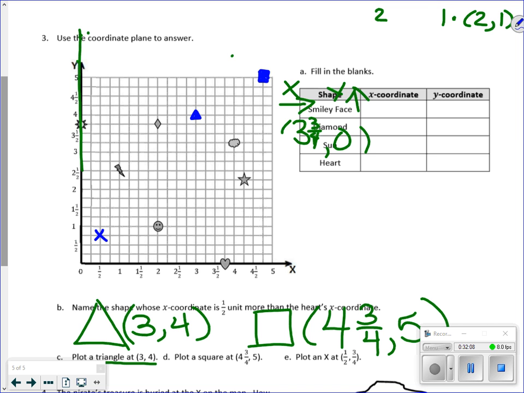You're really going to have to pay attention to where you're putting things, because it happens way too frequently. If it says 1, 2 and you go 2, 1, is that right? No. So you really have to pay attention to what you are doing. It happens a lot.